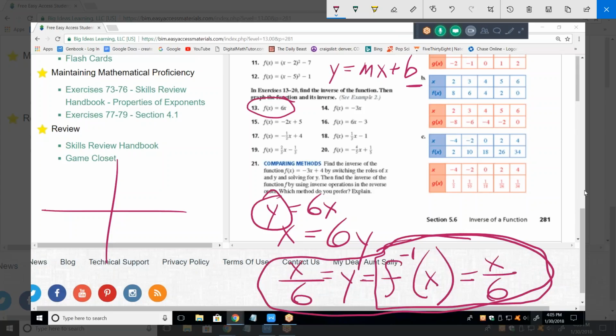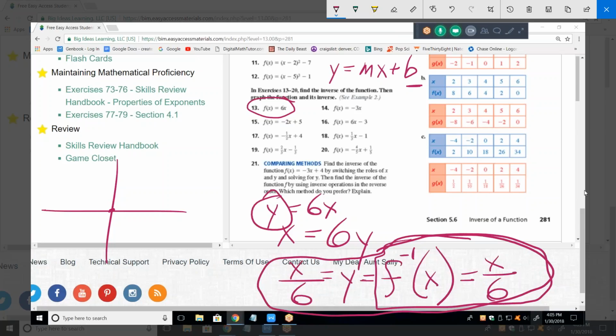The y-intercept is 0. Okay, so I start there. Now what? The slope is up 1 over 6, I believe. Slope is rise over run. Right. So it's got to be up 6 over 1.